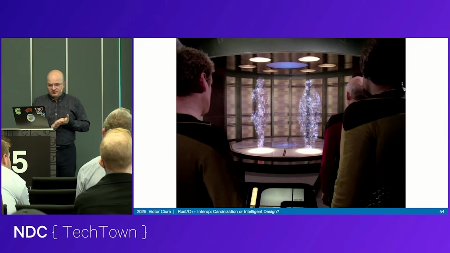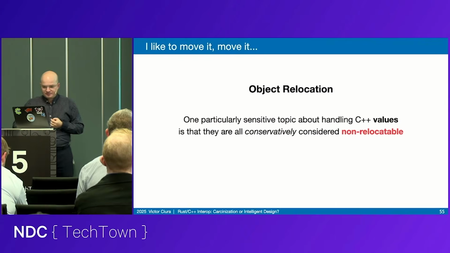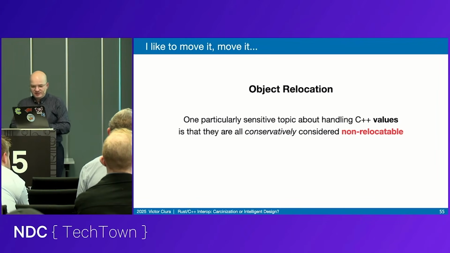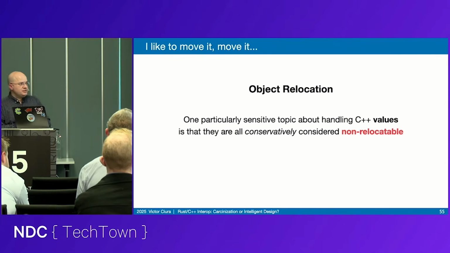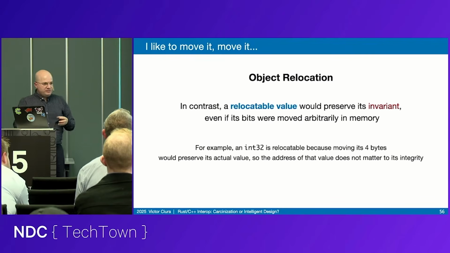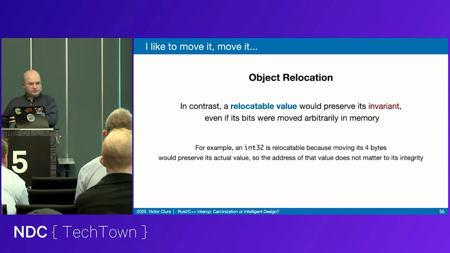Another part of the discussion is object relocation. So one particular sensitive topic about handling C++ values is that in general they're considered to be non-relocatable. As in, and by that I mean if I move the bits to another part in memory, I preserve its invariant and it's safe to be moved. Right?